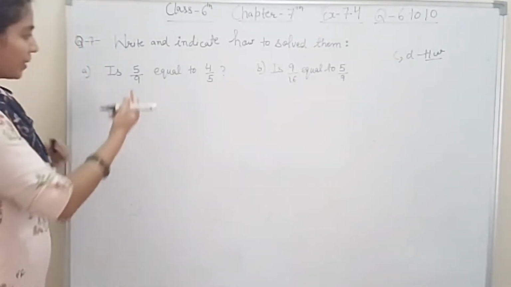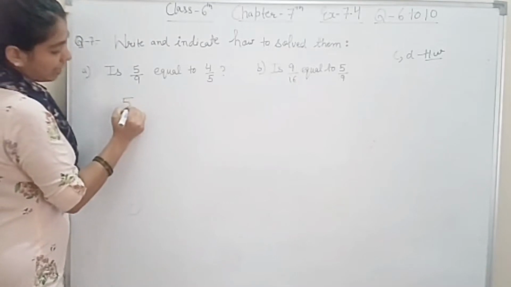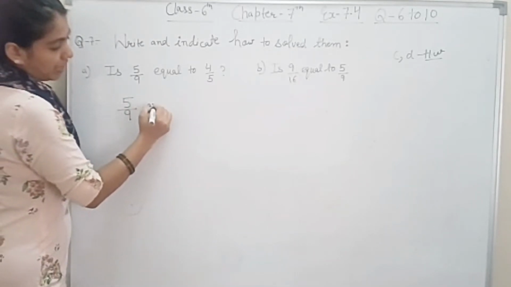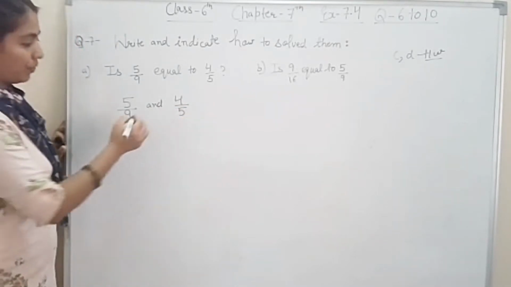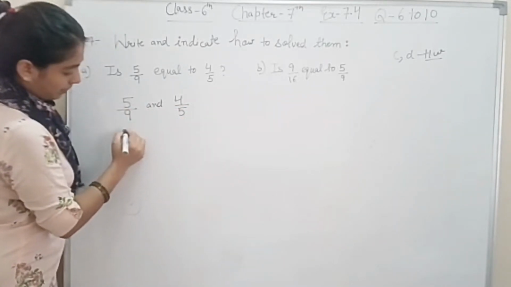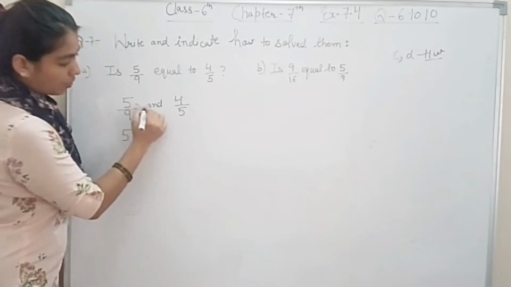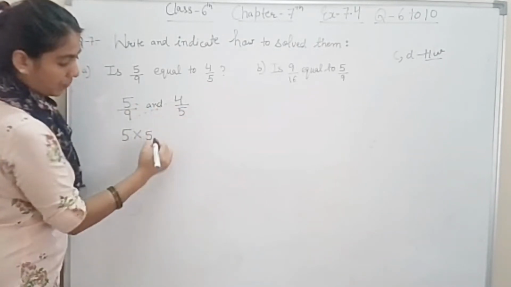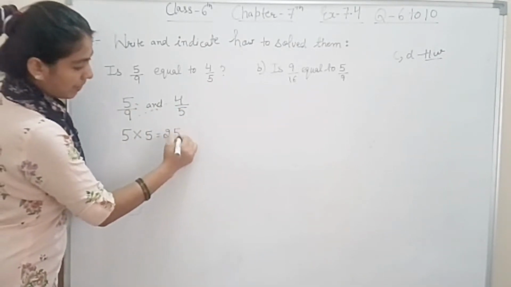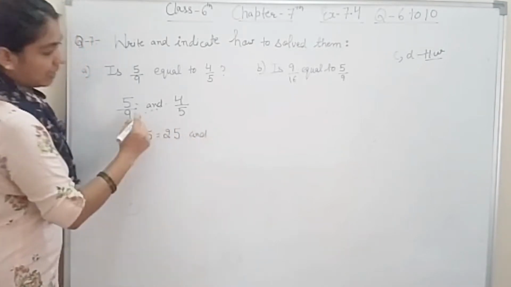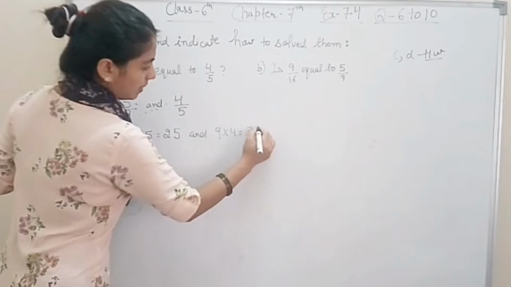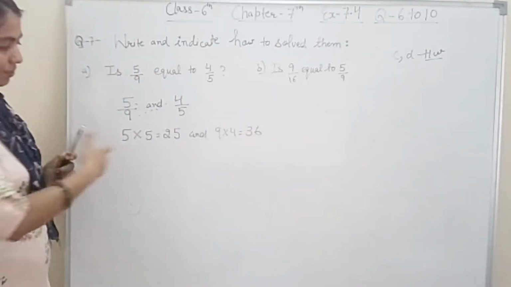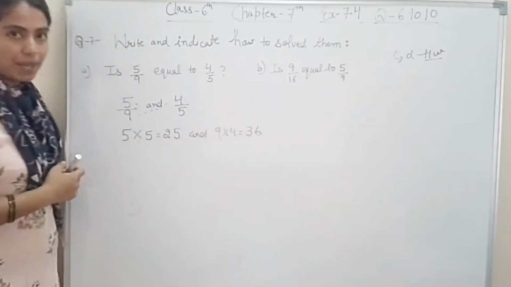So let's start. We write 5 by 9 and we have 4 upon 5. Are they equal or not? We'll do 5 into 5, because cross multiplication, students. 5 fives are 25 and 9 into 4 is 36. Is the product of the fractions the same?